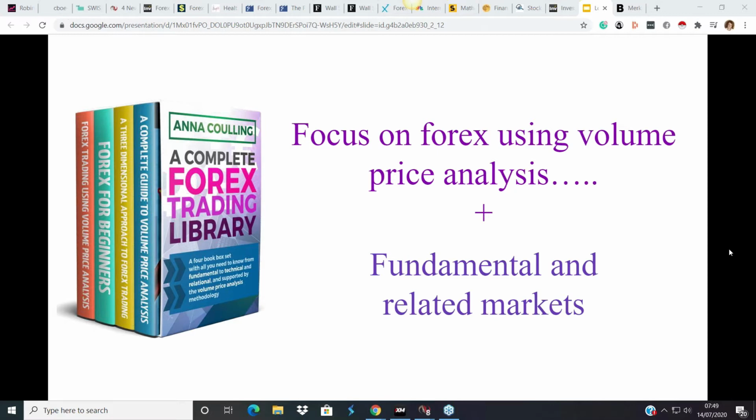But what we've done in forex, and in fact the other markets as well, is not only look at the price action and the chart, we look at the fundamental news, and we look at what the other markets are doing, what we call the related markets, because sometimes you can have a signal in a market that is not directly related to forex, which can signal a change in sentiment.